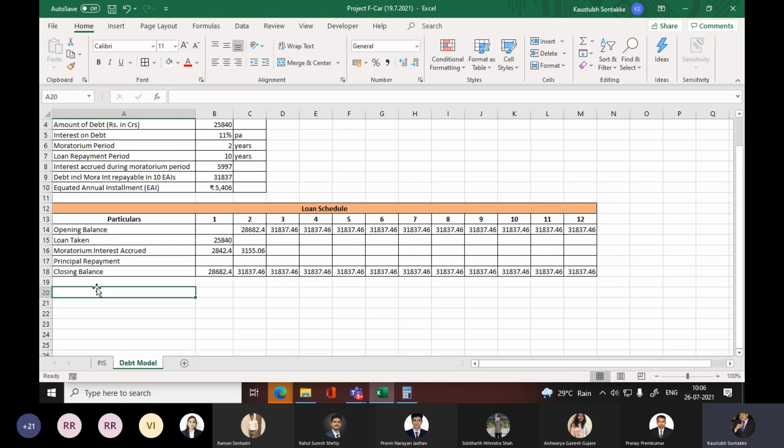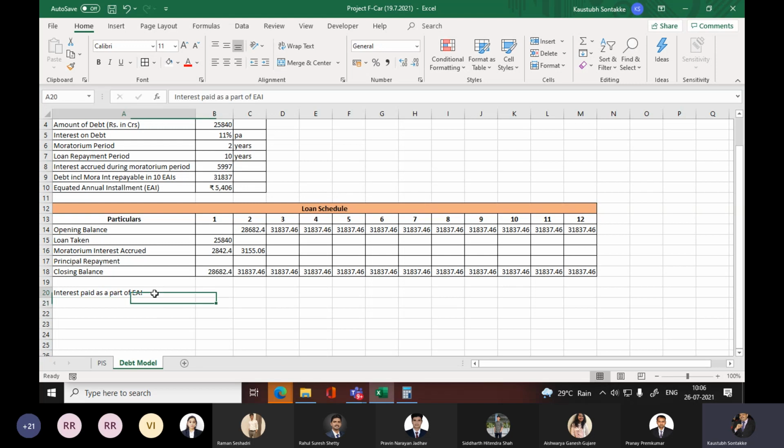So leaving one line, or maybe just below this also will do, but leaving one line is better. You may write below this: interest paid as a part of EAI.